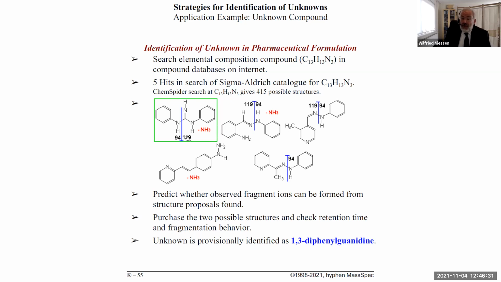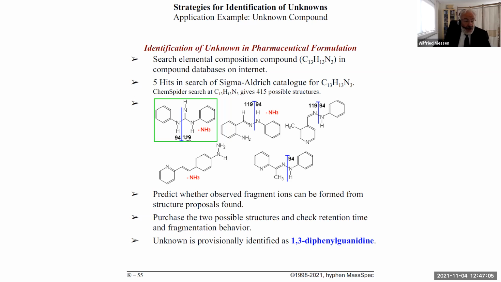So I will write a report and say that I have a structure proposal for this unknown, which fits to the elemental composition, derives from the accurate m/z, which fits to the fragmentation which I see, and the data are consistent with an authentic standard, which gave the same retention time and the same UV spectrum and the same MSMS spectra as well.